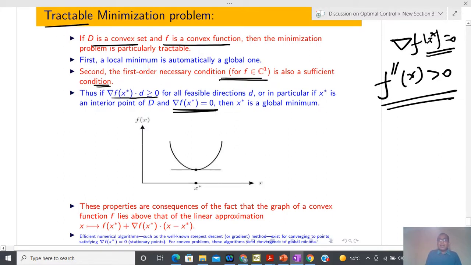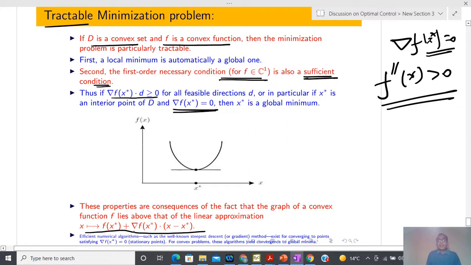But at least I can establish this whenever I don't have a feasible condition, and due to that reason I have written this as a sufficient condition instead of a necessary condition. Sufficient condition means that even if this does not hold, I still have the possibility of a minimum. And why is that global? Because whenever I have a convex function, it can be written like this.